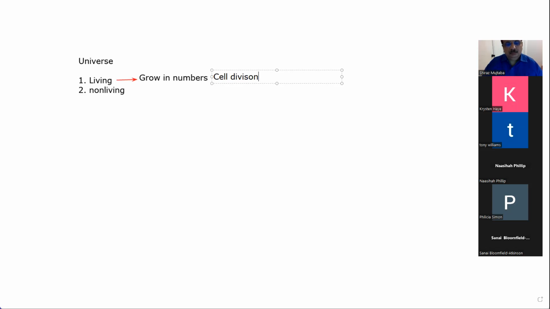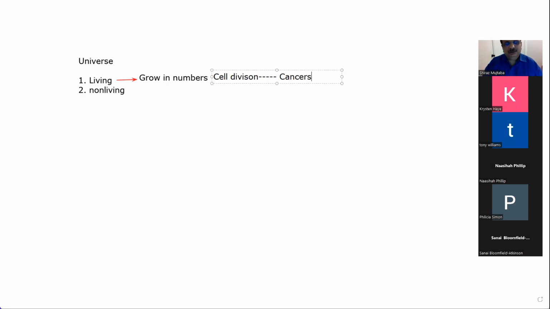And if cell division doesn't happen in the right way, then it can cause severe diseases such as cancers. So the knowledge of cells is very important in terms of human cells.